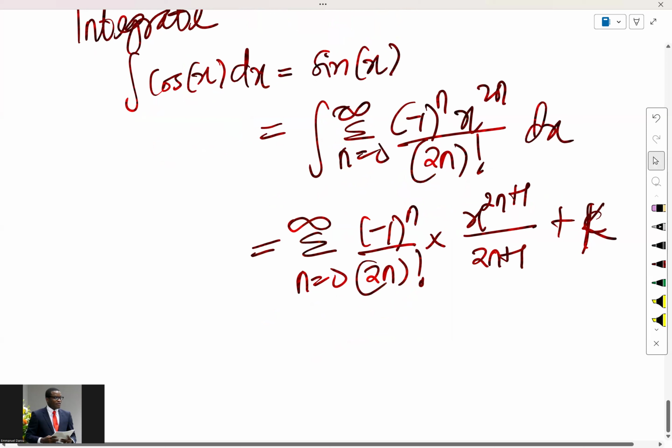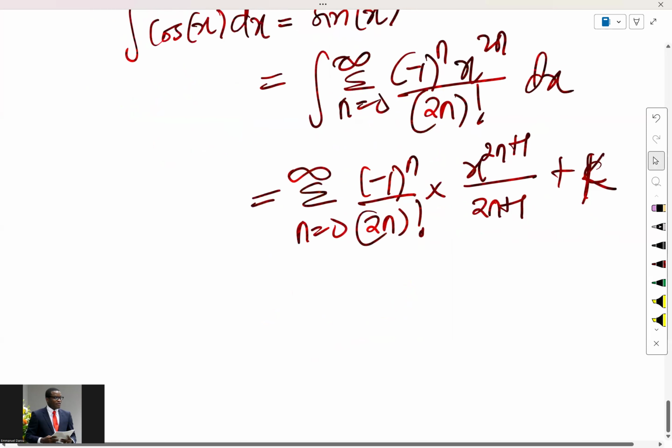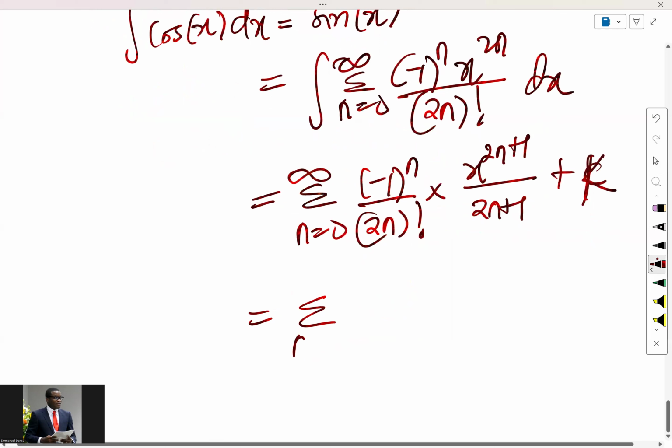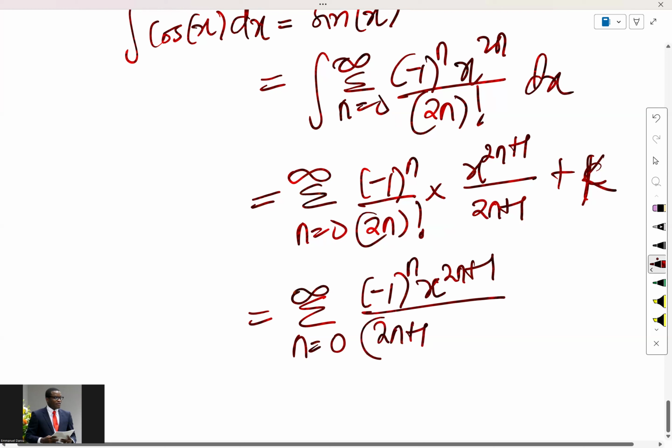And you can tidy that up if you like. This is the summation from n equals 0 to infinity of minus 1 raised to power n, x raised to power 2n plus 1, all over 2n plus 1 multiplied by 2n factorial. It's more like saying 4 times 3 factorial.